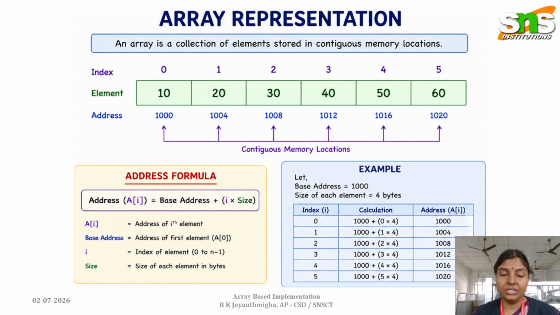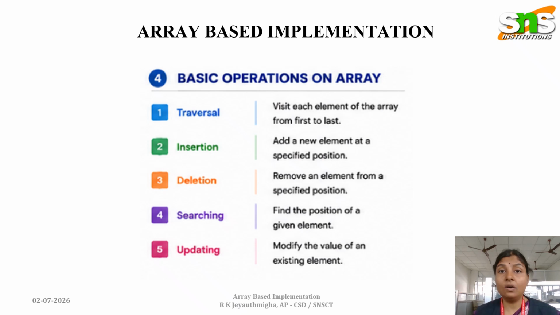Array representation. An array is a collection of elements stored in contiguous memory locations. So we represent an array with index and address like this. The basic operations of an array are traversal, insertion, deletion, searching and updating.